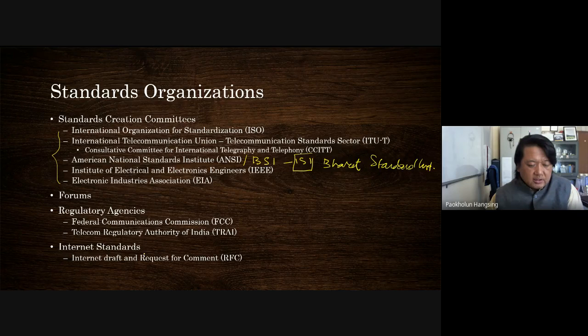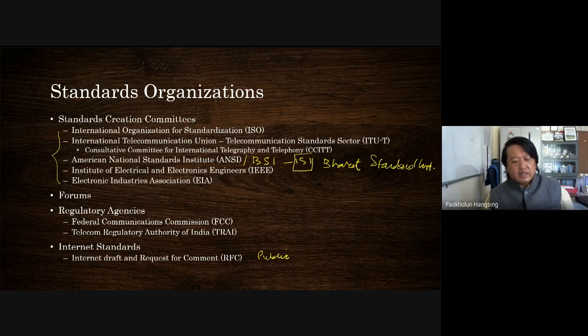Then ultimately, upon recommendation from the internet authorities, the draft will be published as Internet Draft and Request for Comment, RFC. This is open for public comment, or whoever is capable of that. The request for comment will be edited, assigned a number, and made available to all the interested parties.